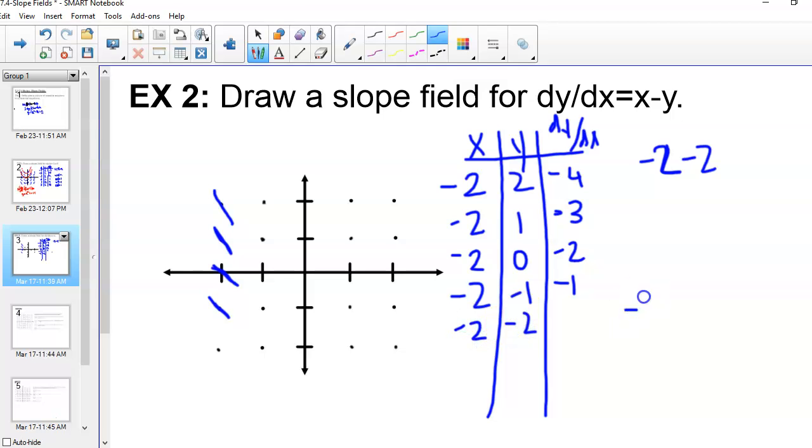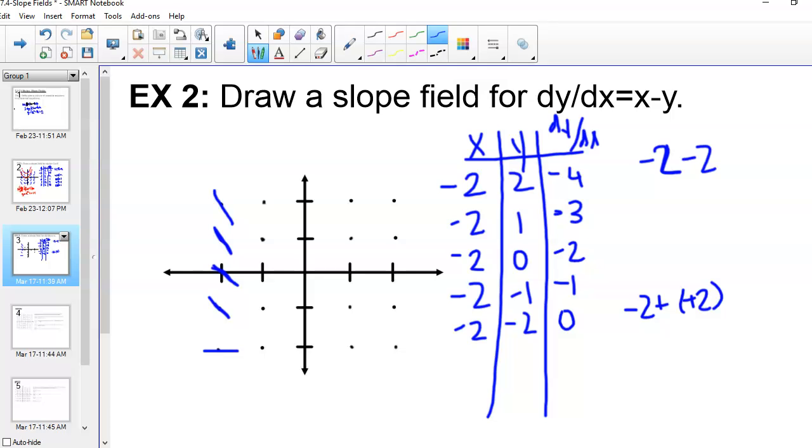That's going to be negative 2 minus negative 2, which actually becomes a plus there. So I get 0 for this one. And a slope of 0 is just a horizontal line. So you can kind of see that pattern there as well. Negative 4, negative 3, negative 2, negative 1, 0. So as you do this, if you see that pattern, then you might not have to calculate every single one of these.